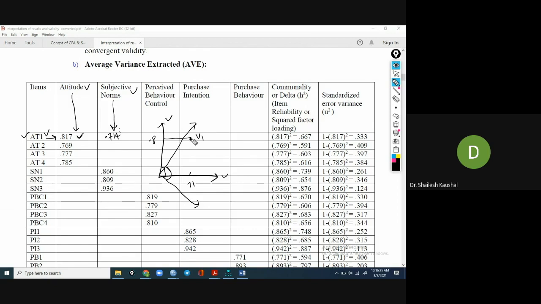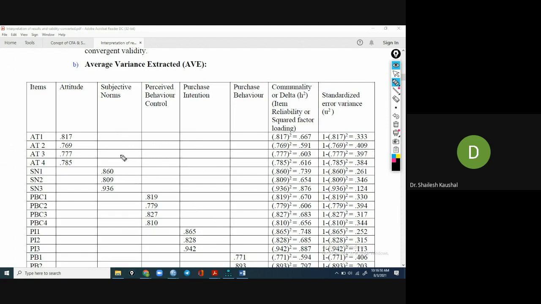After rotating the vector matrix, the value of v1 is almost 0.8, and when I project on the x axis its value is 0.1. So we remove the problem of cross loading by using varimax rotation.